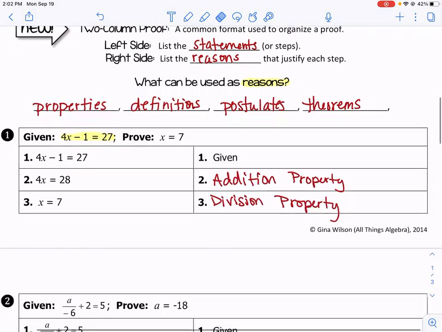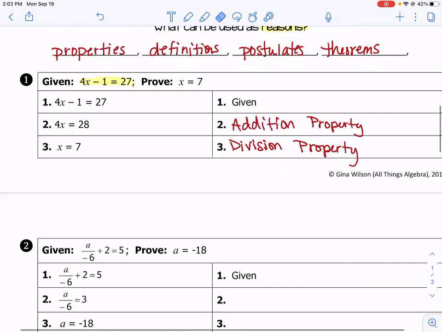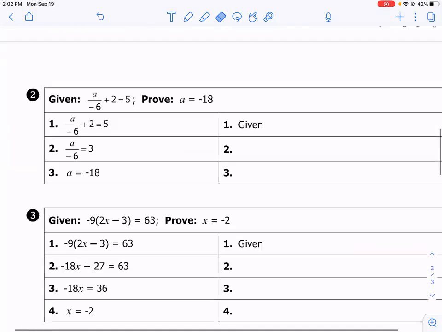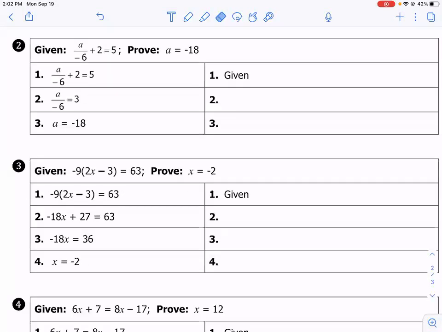Okay, so let's look at number 2. We start out with this equation involving A, and we want to prove that A is negative 18. So our very first step is what we are given, and that's our reason. Now, what happens from step 1 to step 2? They subtracted 2 from each side.